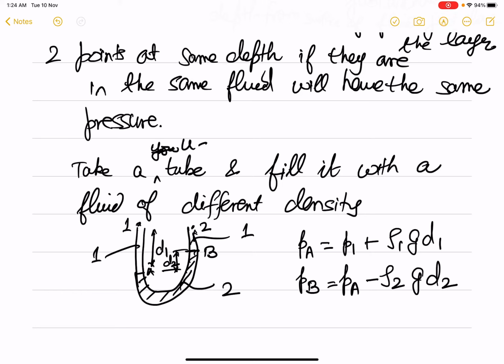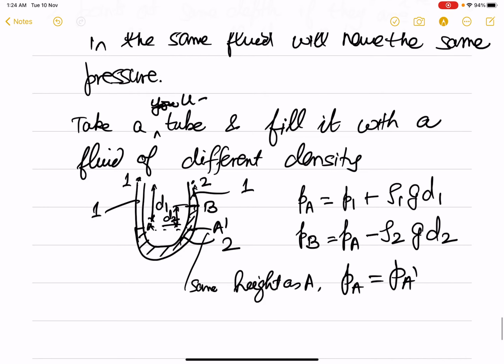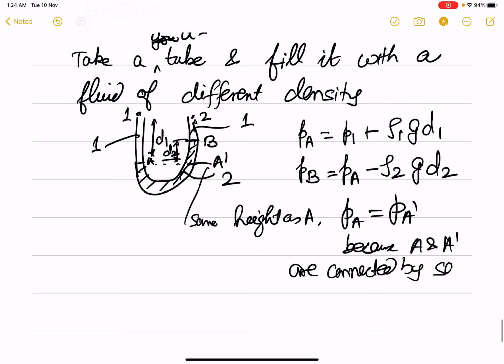Now notice here, from A to B, it is the same fluid. If I look at a point A prime, which has the same height as A, then pressure at A is equal to pressure at A prime, because A and A prime are connected by the same fluid 2. As long as the density of that fluid is the same, the pressures will be equal.